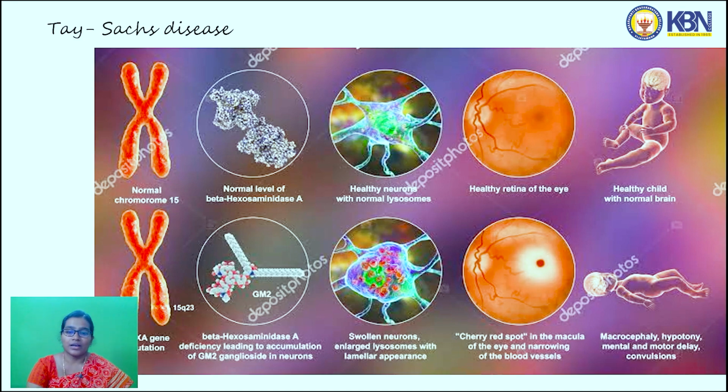Because of that, the child would experience a lot of differences like less cognitive development, less motor development, and delayed motor actions. This is all because of frame shift mutation.